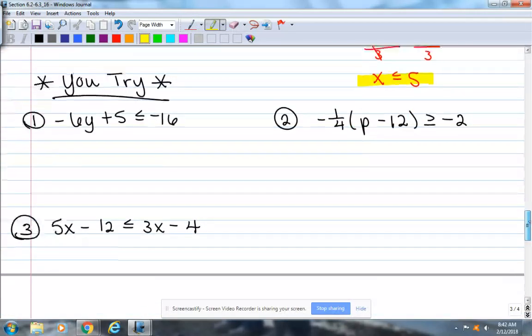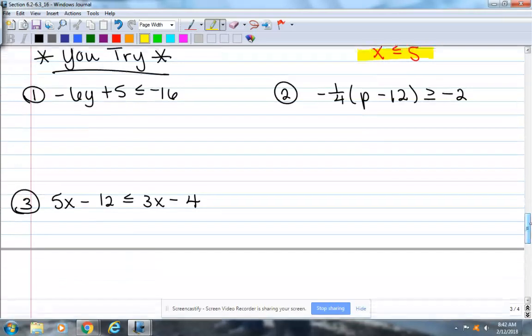Could you guys try these 3 real quick? On your own paper. Make sure we get the same thing.